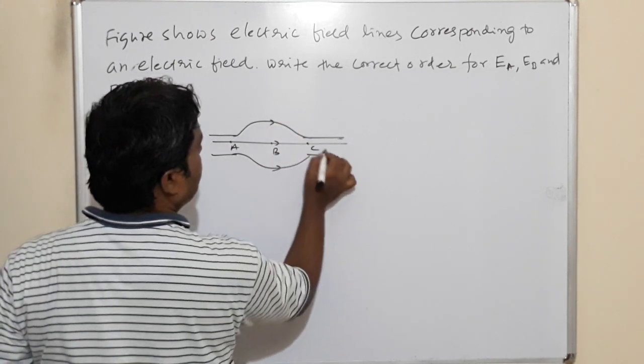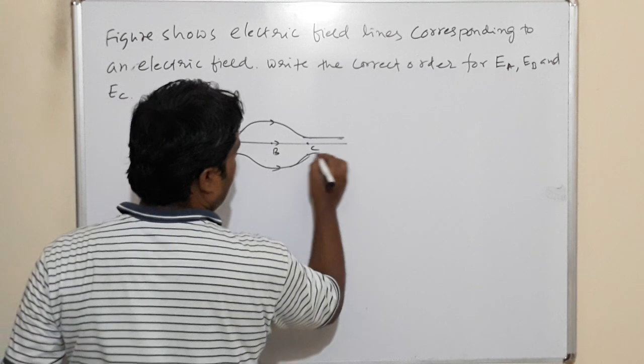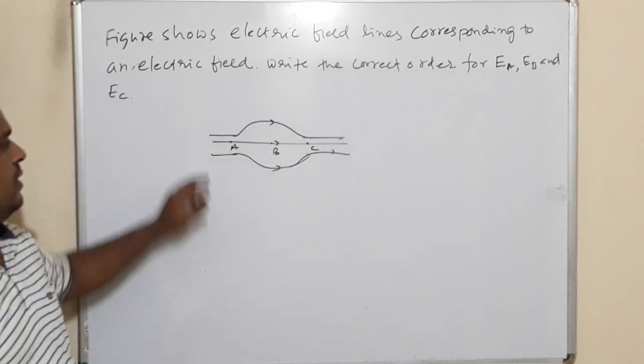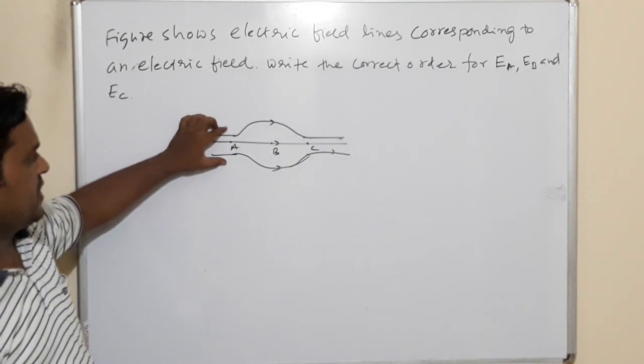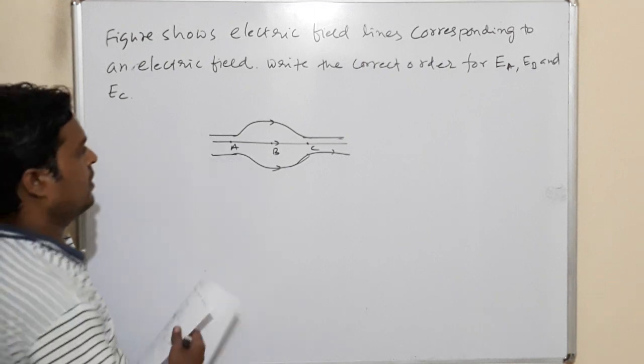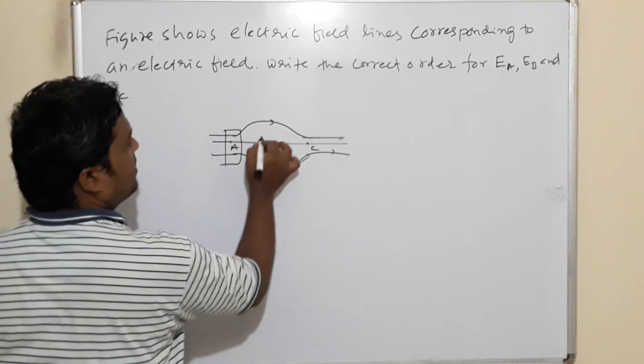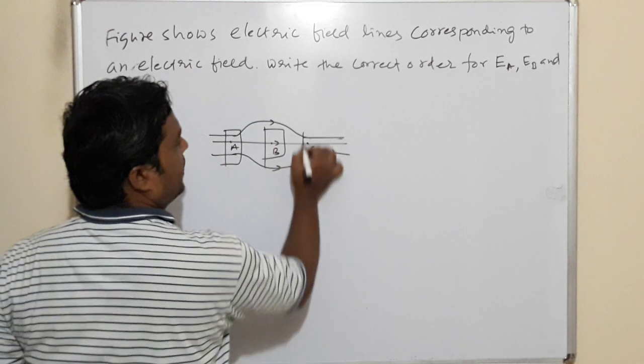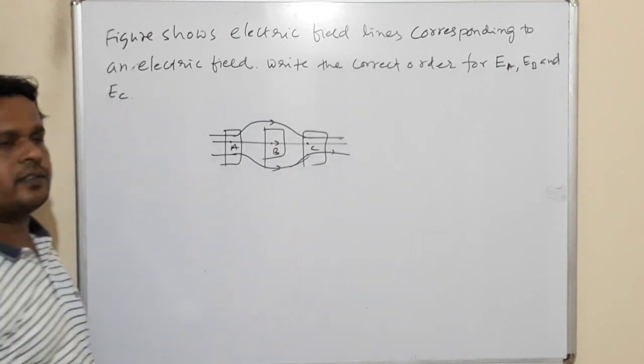Then you see the crowding of lines in a particular area. In this much area, 3 lines. If you draw this much area here, only 1 line. If you draw the same area here, 3 lines.